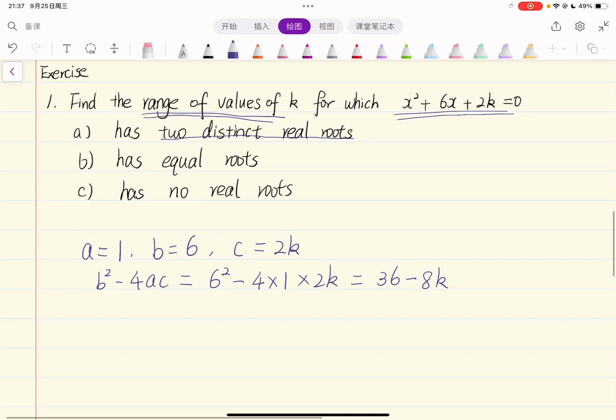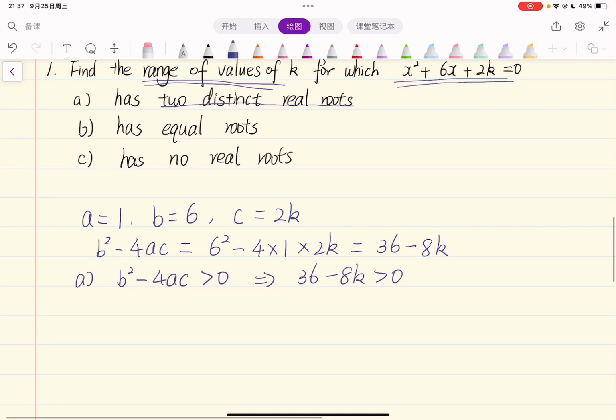And then when the question asks about the range of the values of k such that this equation has two distinct real roots, which means b squared minus 4ac greater than 0. So b squared minus 4ac greater than 0 implies that 36 minus 8k greater than 0.